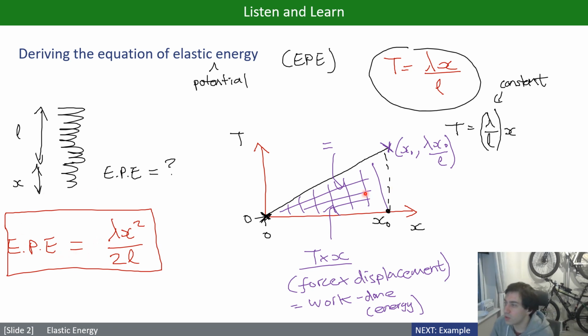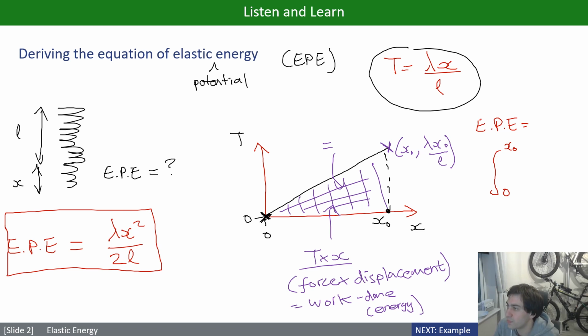There is one other way you can think about this area. I'll quickly jot that down if I make some space here. Rather than graphing it, you could also think of it this way. The elastic potential energy is effectively the integral from 0 to x0 of the function of tension times distance.